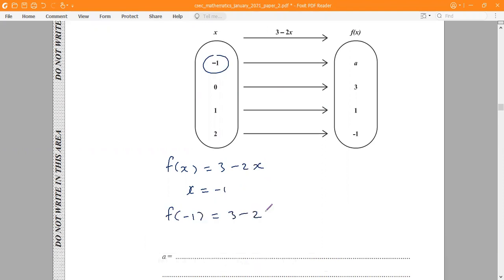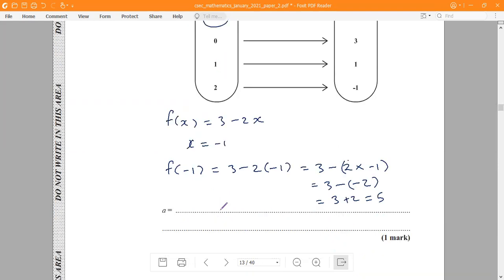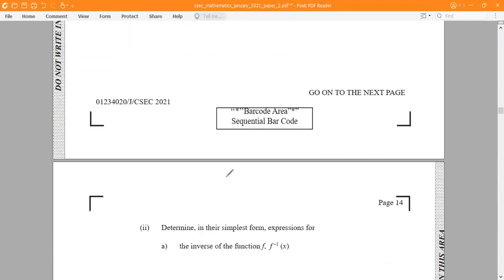Instead of x, we write -1, and that is equal to 3 minus 2 multiplied by -1, which is 3 minus -2, which is 3 plus 2, since a minus negative gives a plus, and 3 plus 2 is 5. So therefore a would be equal to 5. That's the answer. Let's move on.